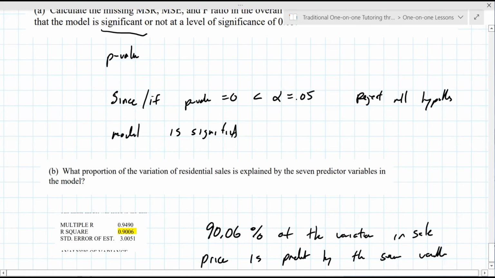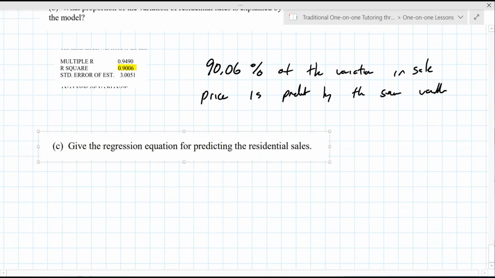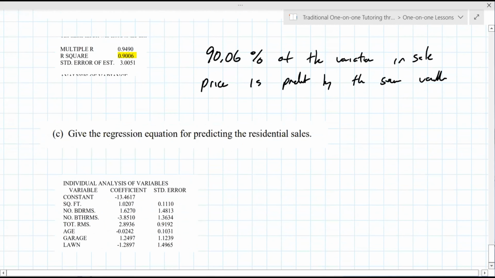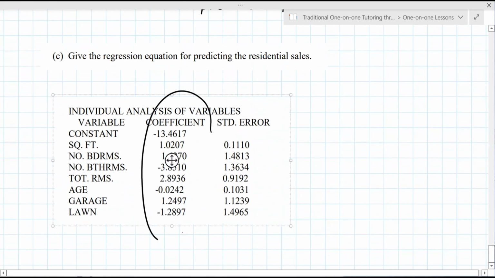Okay. All right, so C is the regression equation. So we have to go back to the model here. We're going to look at the next part of it. So this is your regression equation, this column right here.